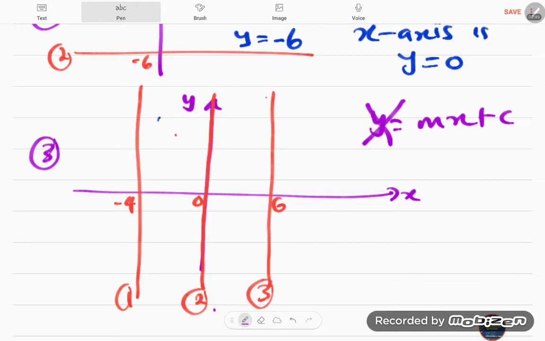So in essence, your graphs are going to be x equals 6 here. And that's the equation there. And then x equals minus 4 there. And as you rightfully guessed, the y-axis is just going to be x equals 0.